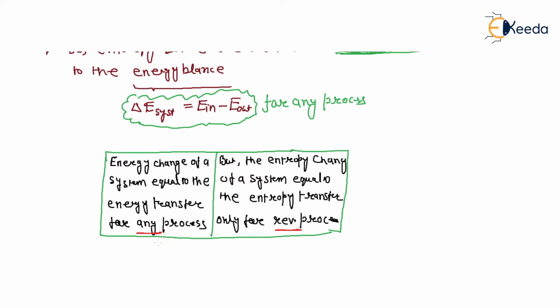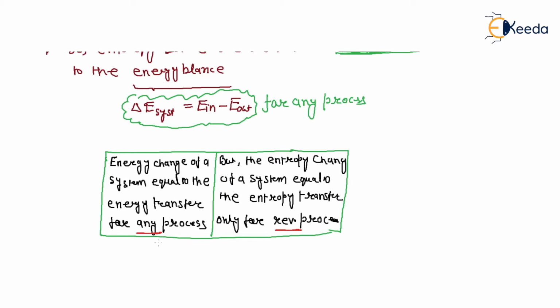But in all practical scenarios, the process is irreversible. That means reversibility is the very limiting case of any process. So in actual practice, there is no entropy conservation, but energy will be conserved for any process, either reversible or irreversible.